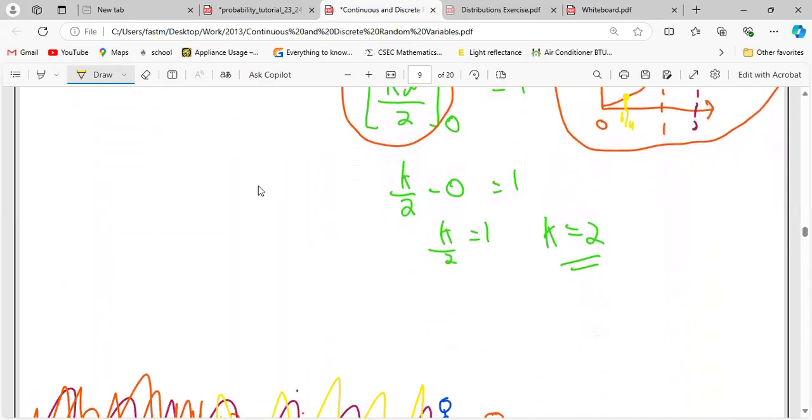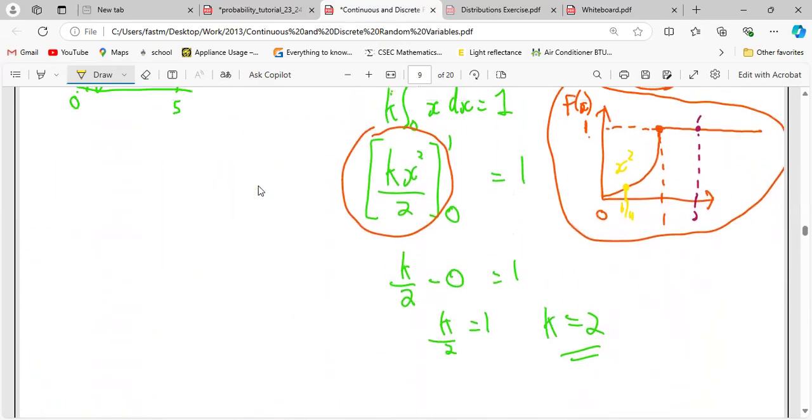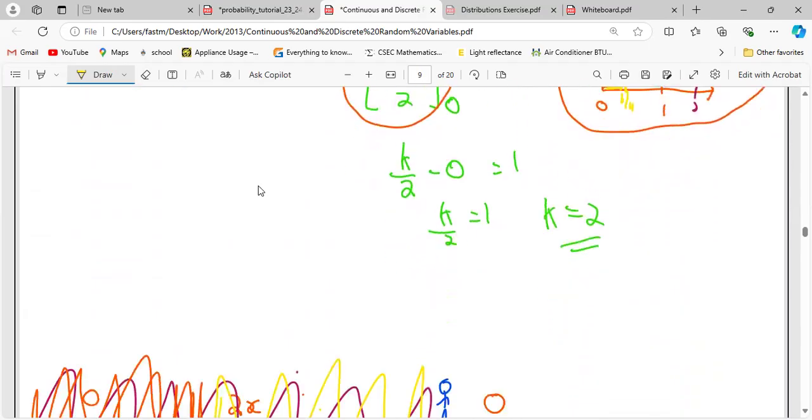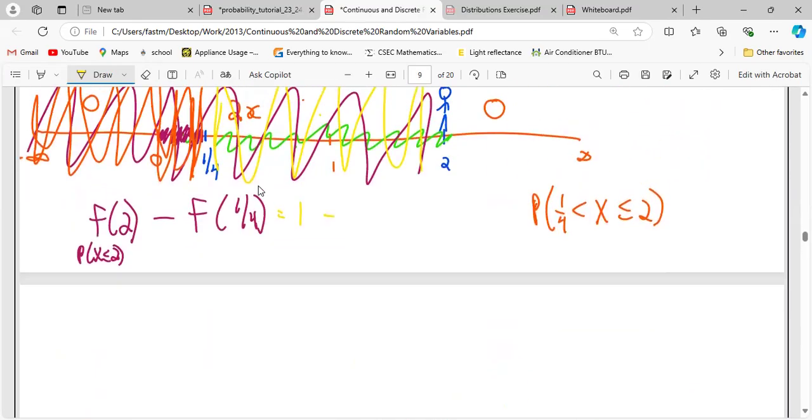So I have to plug a quarter into x squared, and what that will give me is the area less than or equal to a quarter. So 1 minus a quarter squared, put that in my calculator.